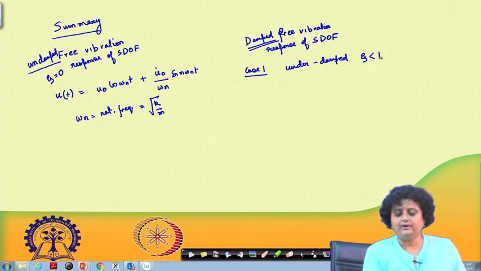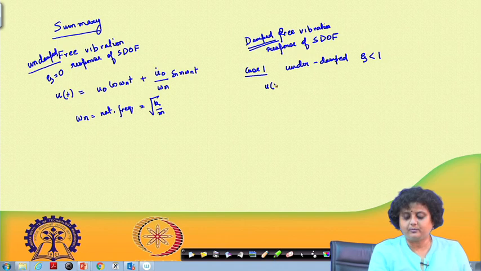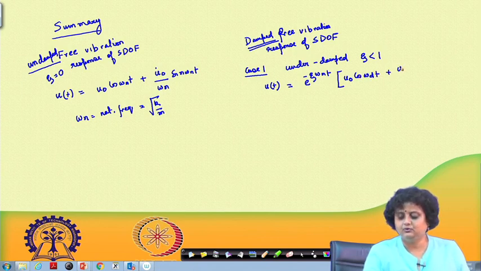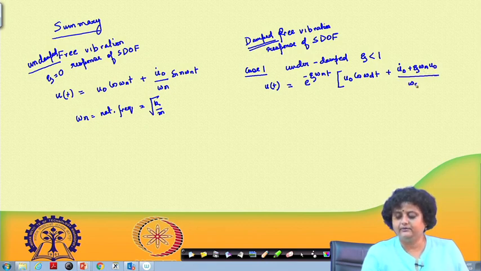So, here we have found out that the response u t was e to the power minus zeta omega n t into u 0 cos omega d t plus u dot 0 plus zeta omega n u 0 by omega d into sin omega d t.